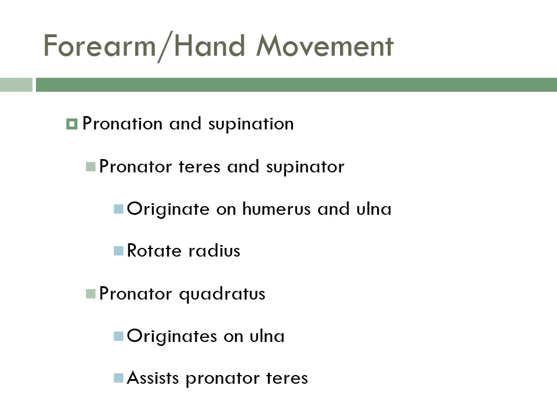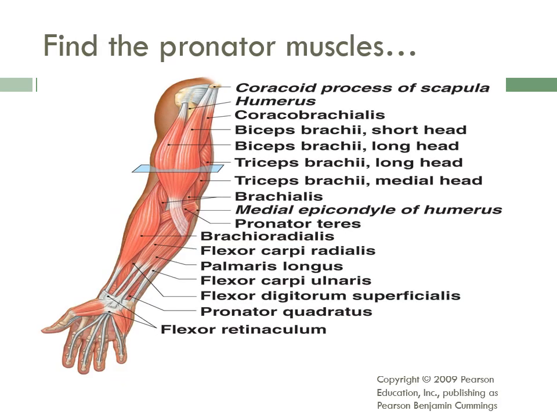So the pronator teres and supinator are both at the elbow. Pronator quadratus is at the wrist. So I would just note that difference there. Pronator teres and supinator are at the elbow, and the pronator quadratus is down at the wrist. So if we want to look at those here, pronator teres is right here.